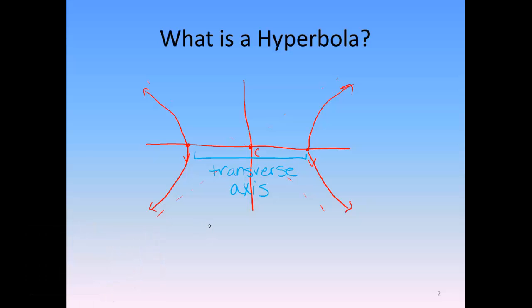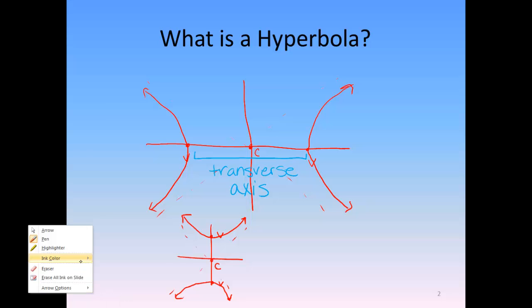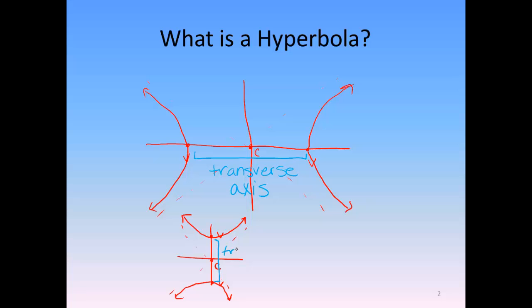If it is vertical, you'd have your center point, two vertices, and asymptotes that go through the center, and your graph would ride along those asymptotes, pass through the vertex, and ride along the asymptotes again. In this case, your transverse axis is going up and down.